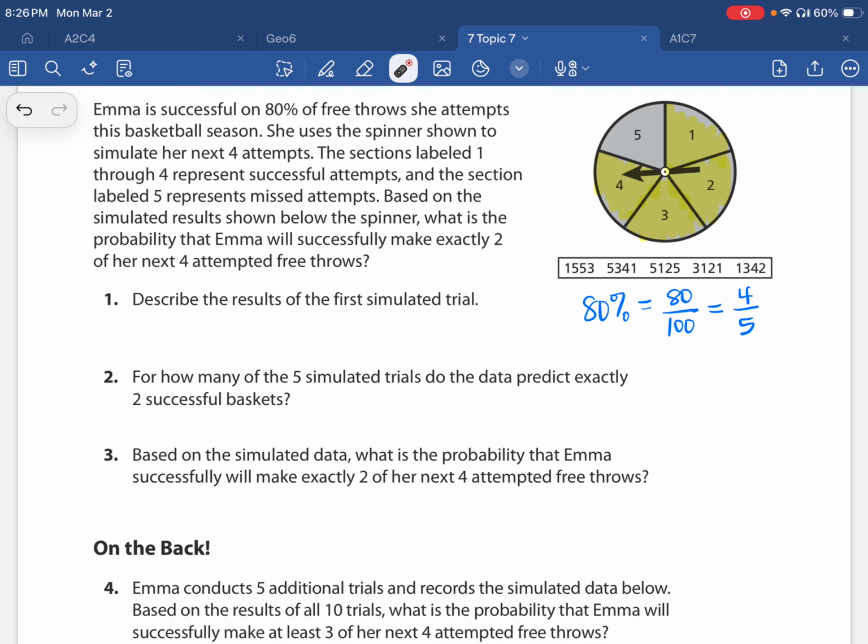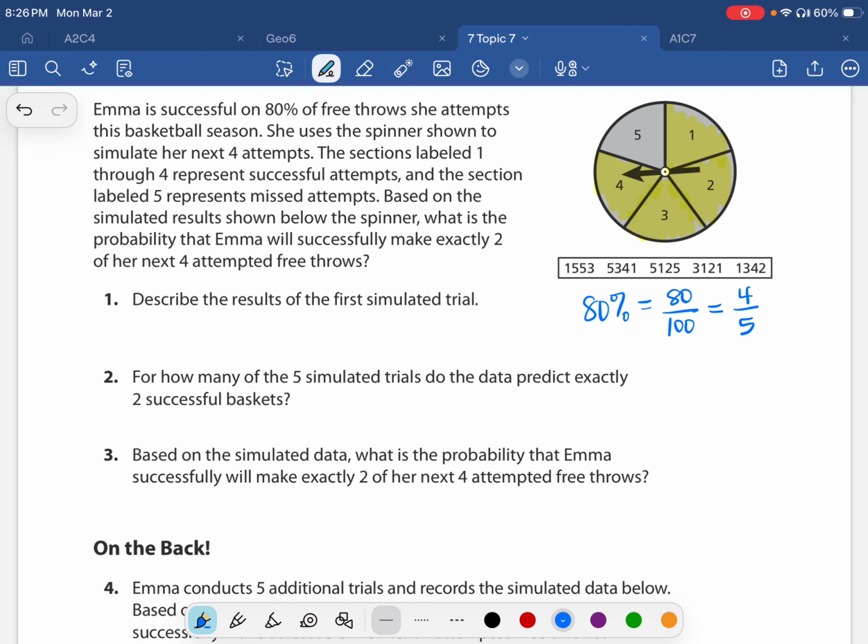So we break this down into the smallest fraction you can, and you want your denominator to equal the number of sections, and your numerator is going to be the number of spots that indicate that she made the shot. So 1 through 4 means that she made it, 5 means that she didn't.